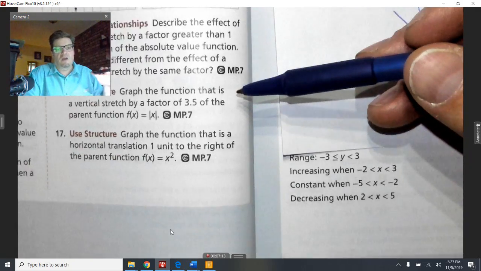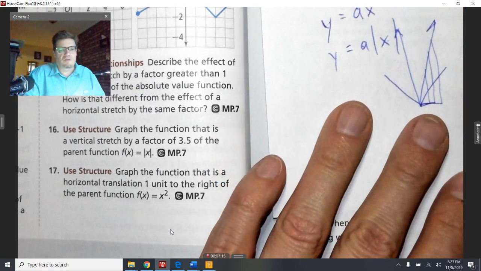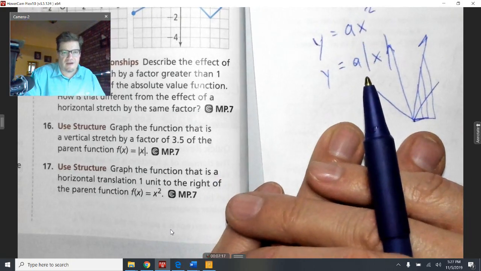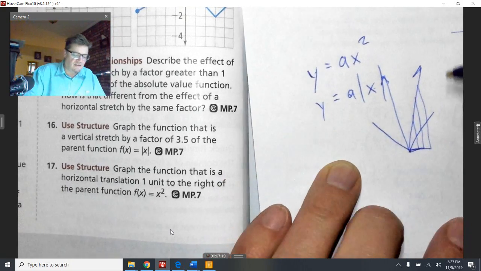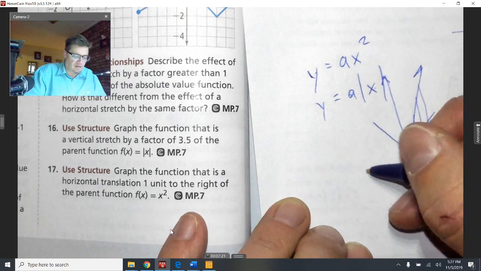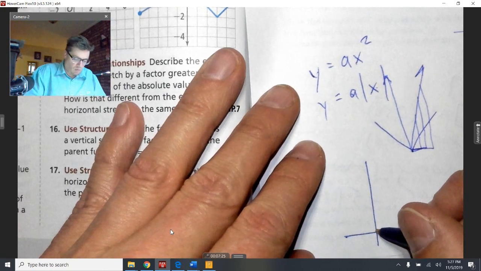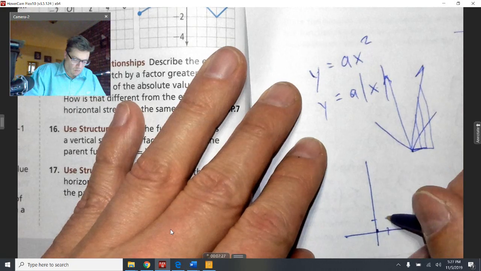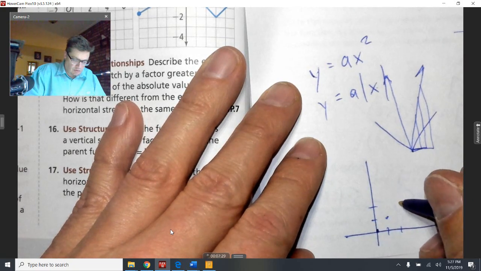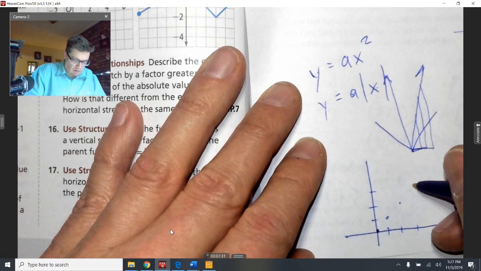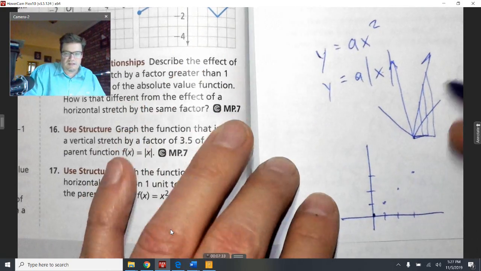17 says, graph the function that is a vertical stretch by a factor of 3.5. Well, if I have a V and I need to vertically stretch it, the parent function suggests that I go 1, 1, 2, 2, 3, 3. Same thing on the other side.